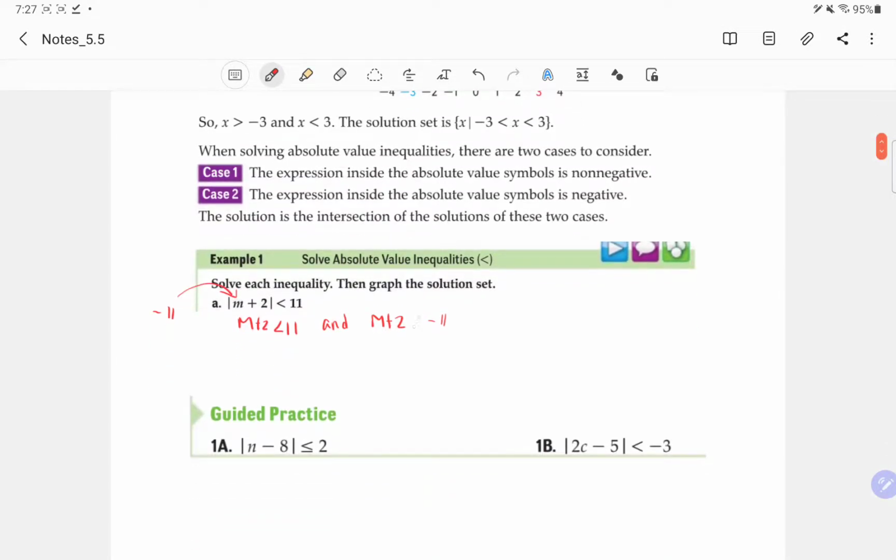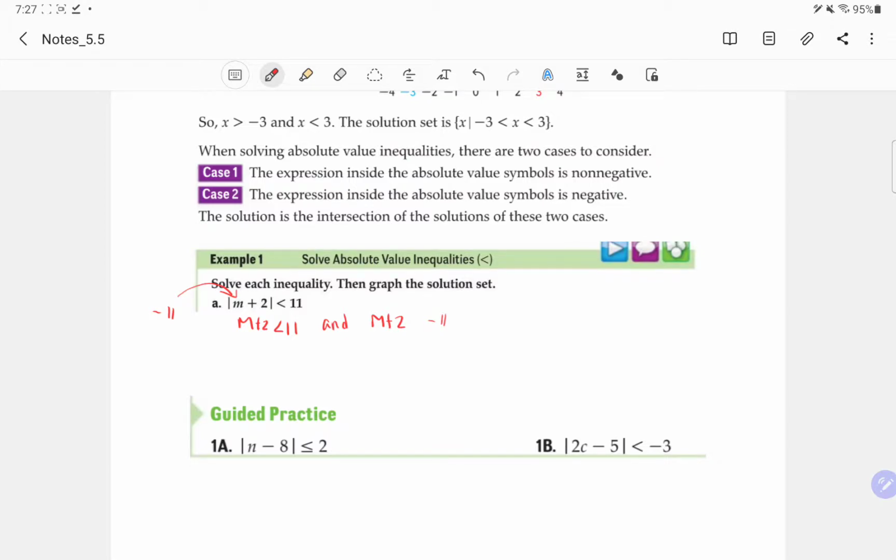And the reason I didn't write this inequality symbol here is I want you guys to pause and think for a second. The absolute value of negative 11 is 11. But the absolute value of negative 12, which would be smaller than negative 11, would be positive 12, which is actually bigger than 11, which doesn't work for this situation. That's because when you have a negative, the bigger the digit, the further you are from zero, so the smaller the number.